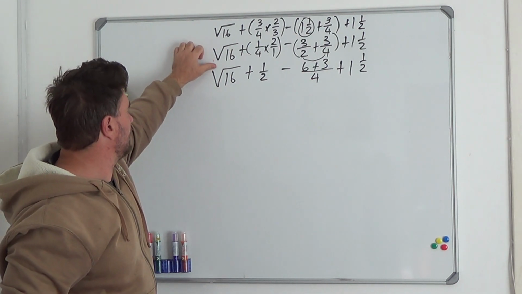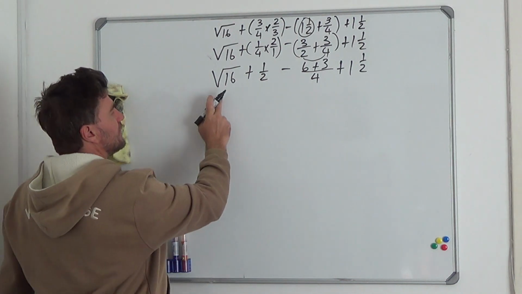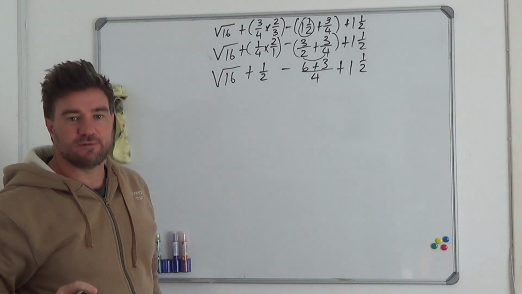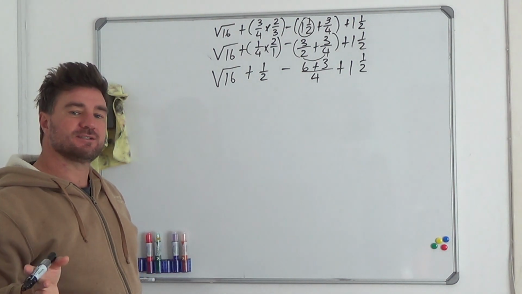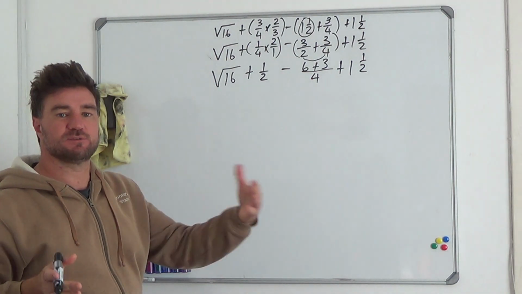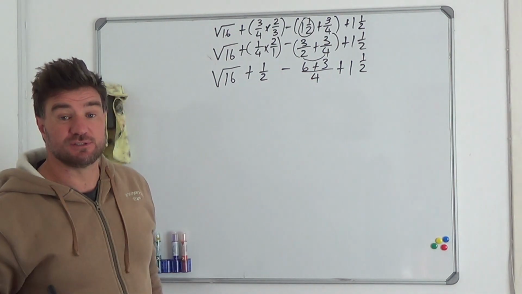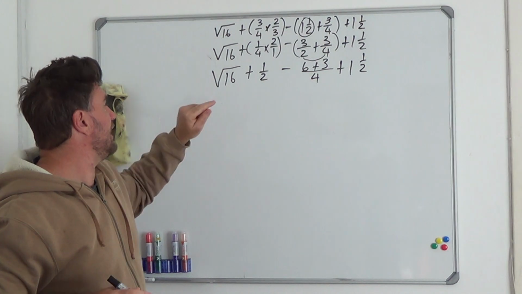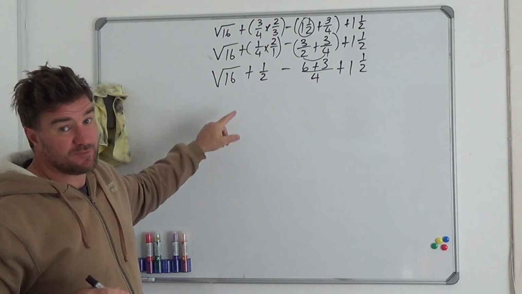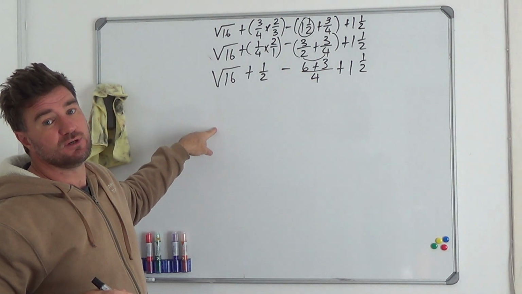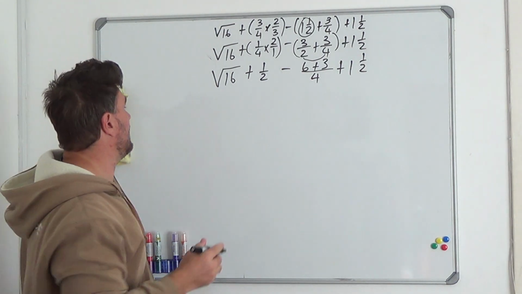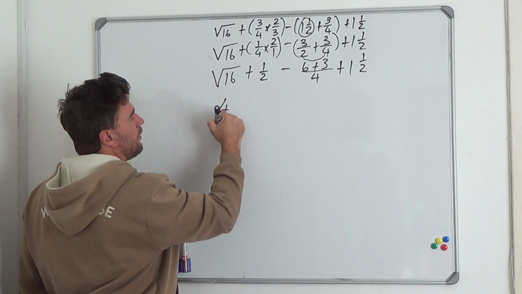So what is the square root of 16? In other words, what multiplied by what is equal to 16? Well, we know that 4 times 4 is equal to 16. So that is 4.